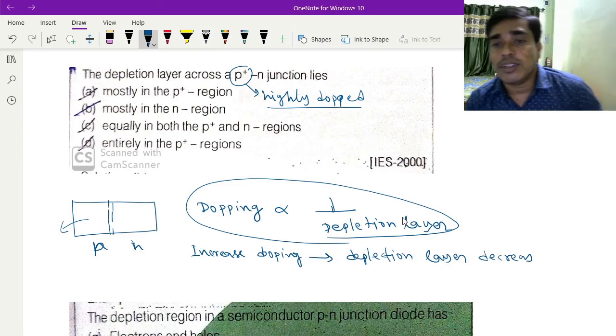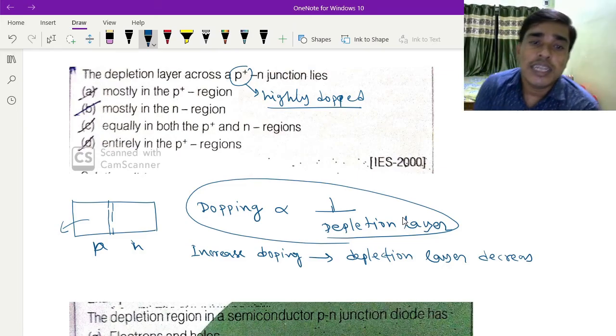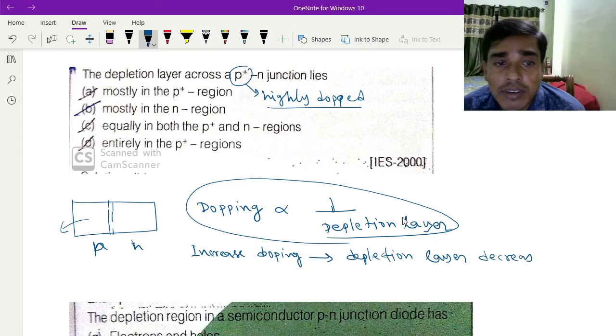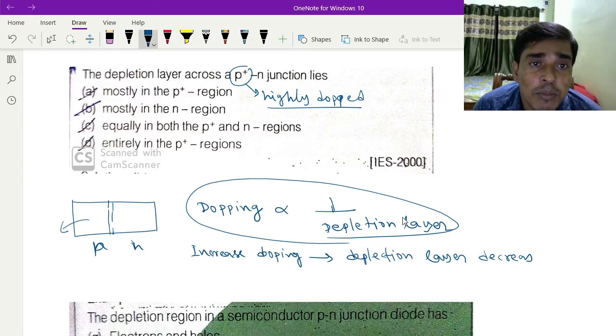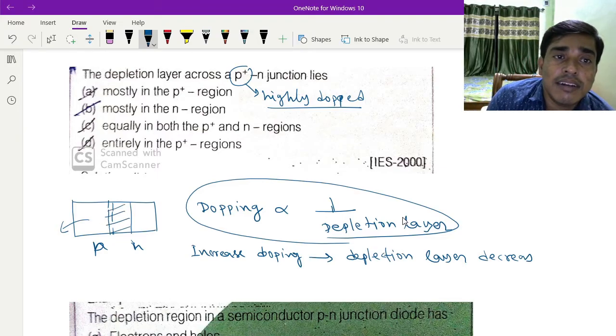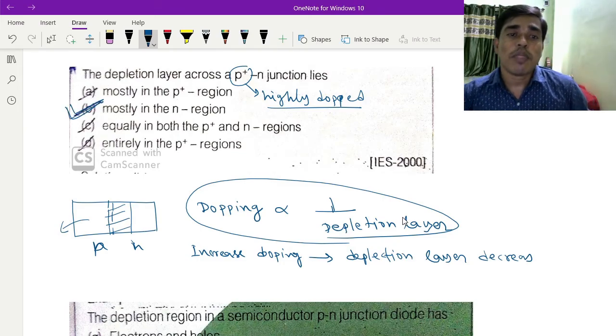Okay, doping is inversely related with the depletion layer. If you increase the doping, then the depletion layer will decrease. So it is mostly in the N region, so the junction will be in this way. So mostly on the N region. So this will be the perfect answer.